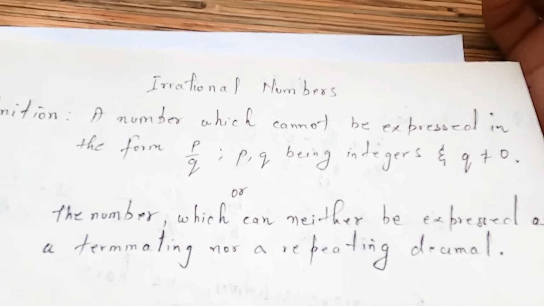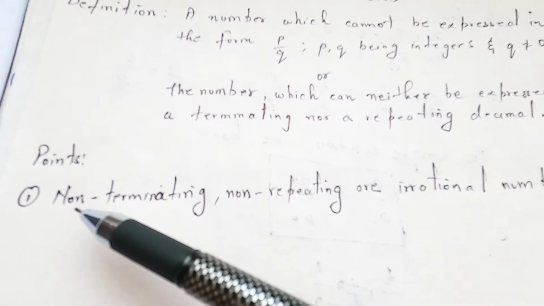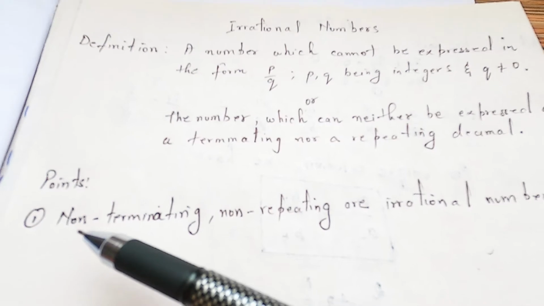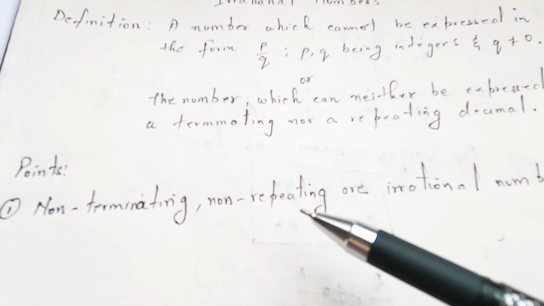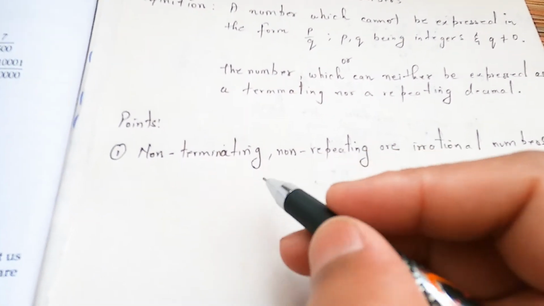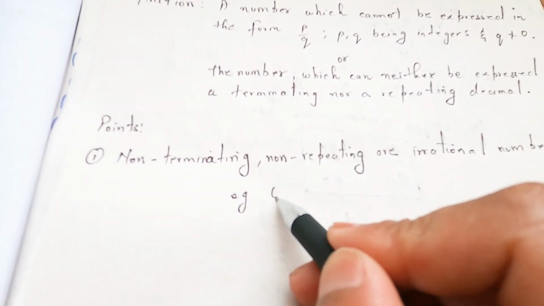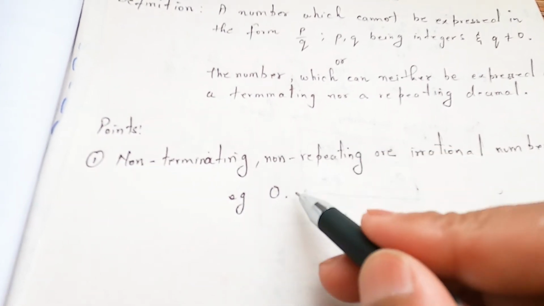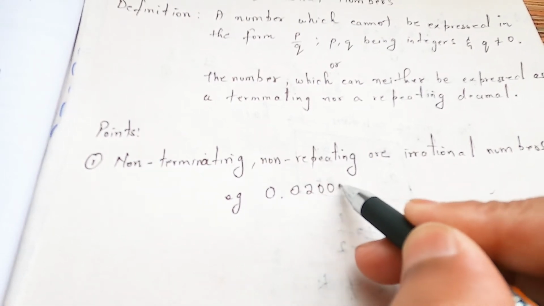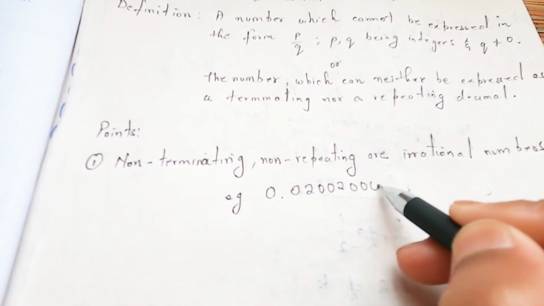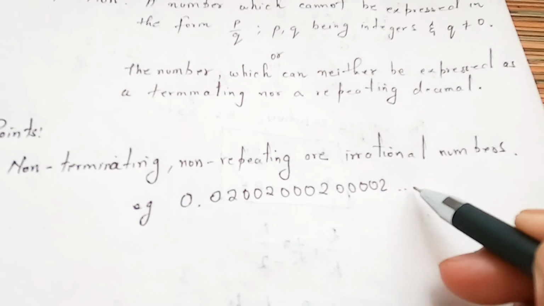Alright, now the points to be noted. From this point you can understand more about what an irrational number is. Number one: non-terminating, non-repeating decimals are irrational numbers. For example, 0.2002000200002 and so on.